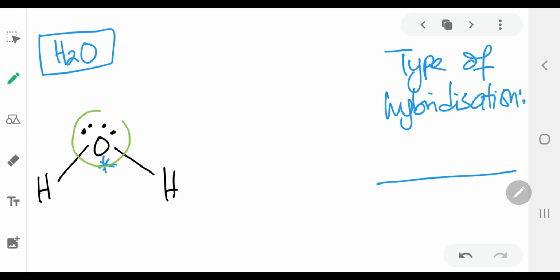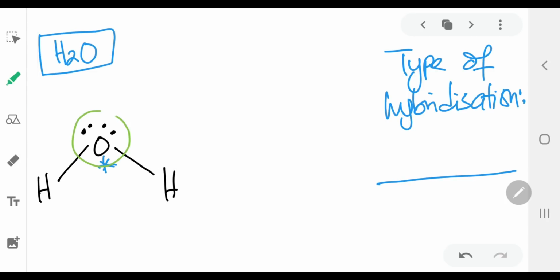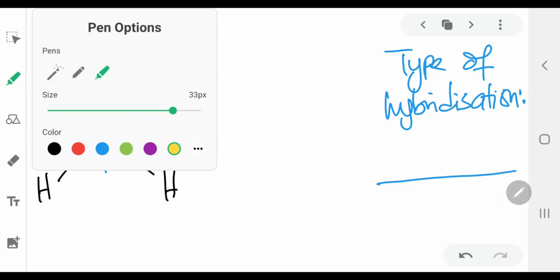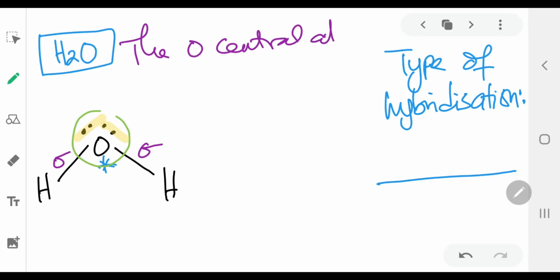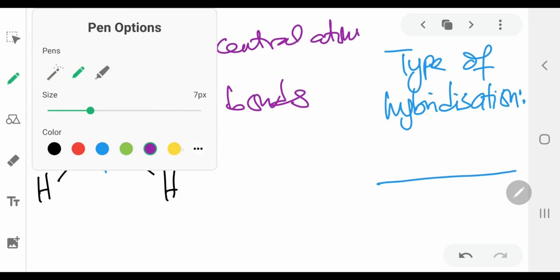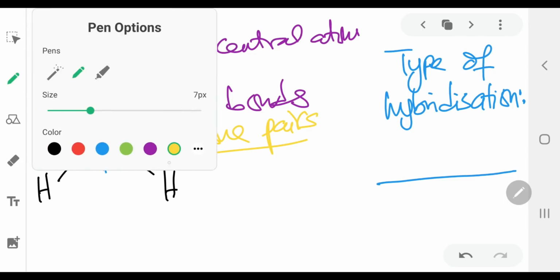Right now, at your central atom, you have 2 lone pairs. Okay, you have 2 lone pairs over here, 1 and 2 lone pairs. You have 1 and 2 sigma bonds. The oxygen central atom has 2 sigma bonds and 2 lone pairs. Therefore, how many lobes?